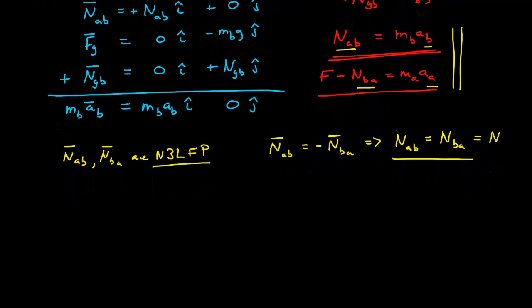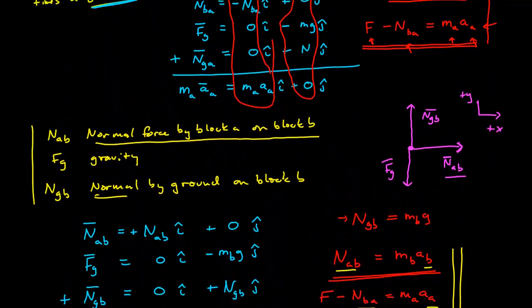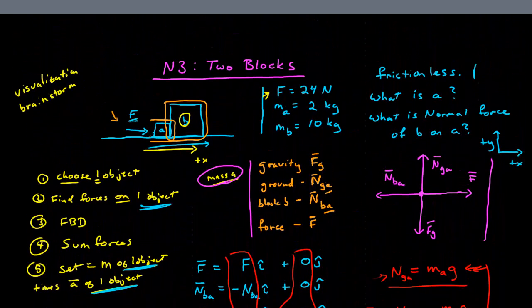But that's not enough, is it? I still have to relate the acceleration of mass A and the acceleration of mass B, because Newton's second law only gives me accelerations for single objects. However, going back to my visualization step, how I pictured the problem, I understand that by pushing on block A, where everything is frictionless, A and B are continually going to be in contact with each other.